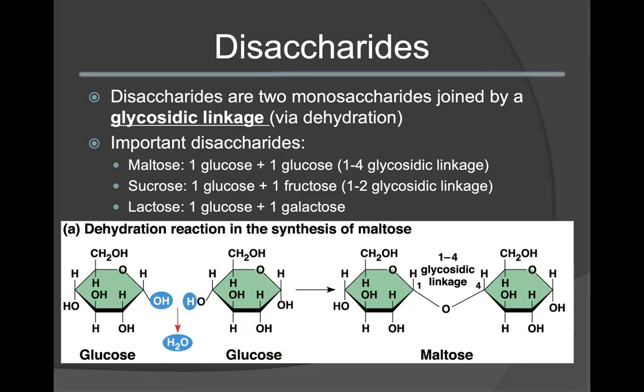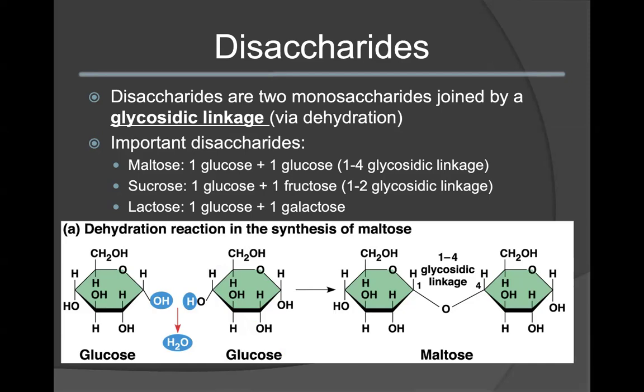Dehydration reaction means that a water molecule is going to be removed from the 2 components to then create that glycosidic linkage. Some important examples of disaccharides would be maltose. Maltose is formed when you join 2 glucose molecules together. Sucrose consists of glucose and fructose, and lactose consists of glucose and galactose.